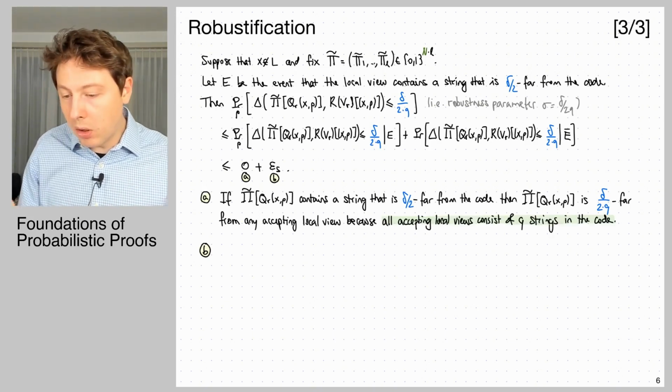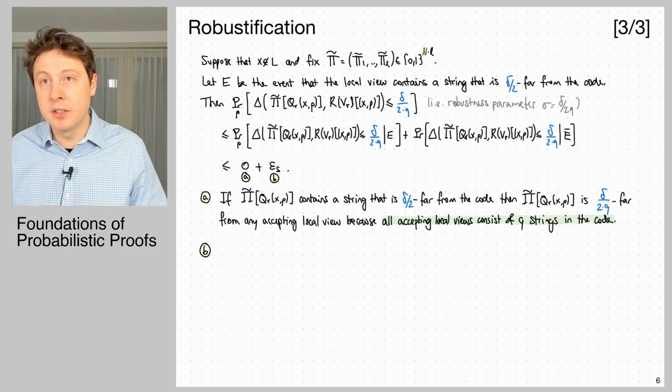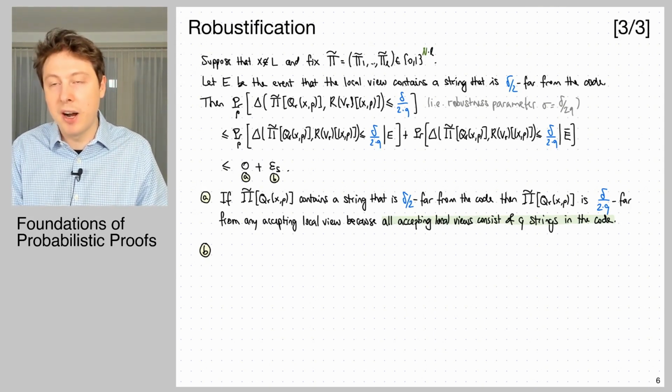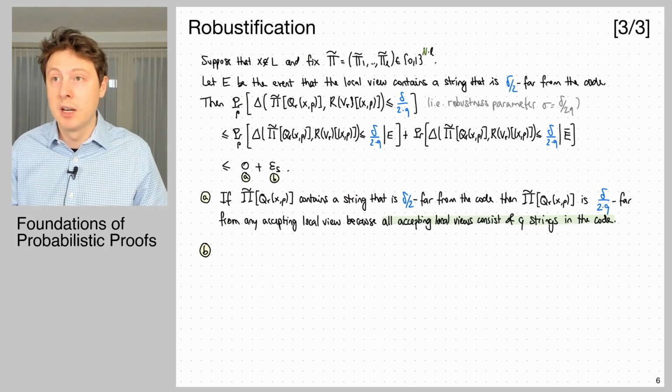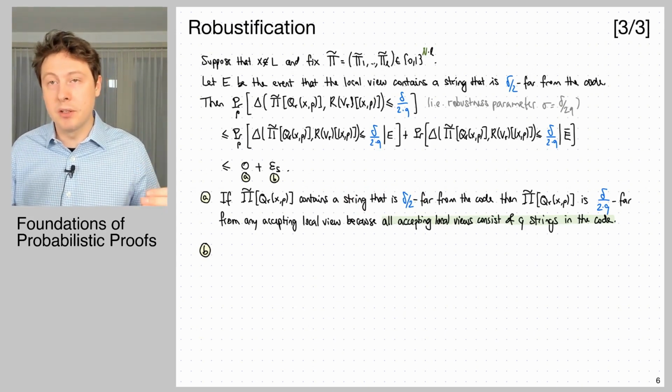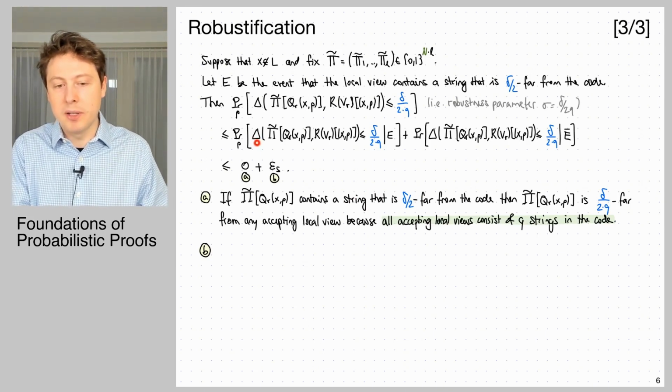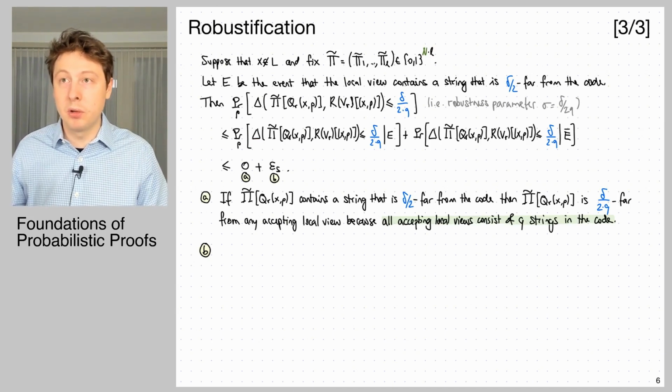Why? Because all accepting local views consist of q strings in the code. In the worst case, the string that was far could be the only one that was far, and all other strings are in the code and contribute no noise. So in the end, this is one over q times n.